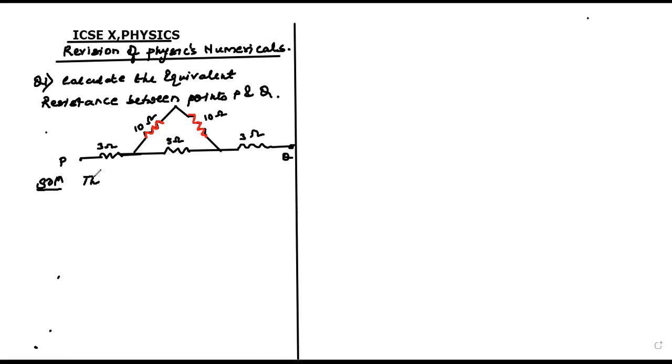The resistance 10 ohm and 10 ohm are in series.